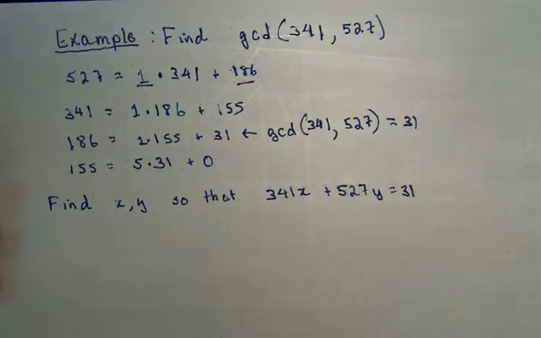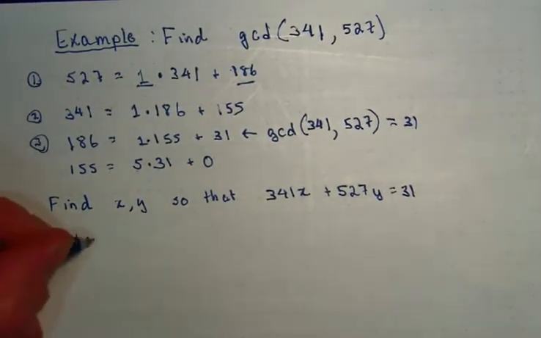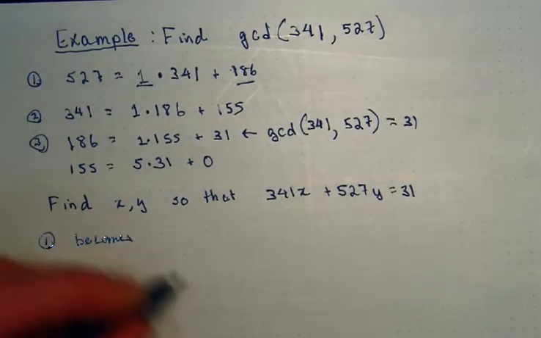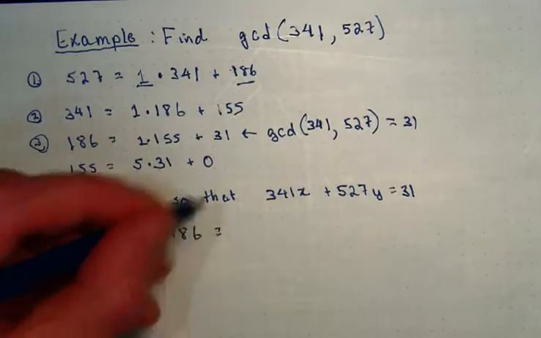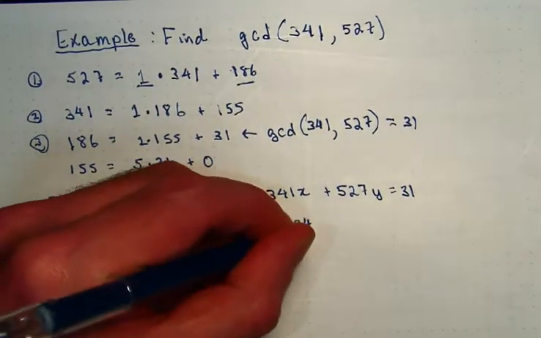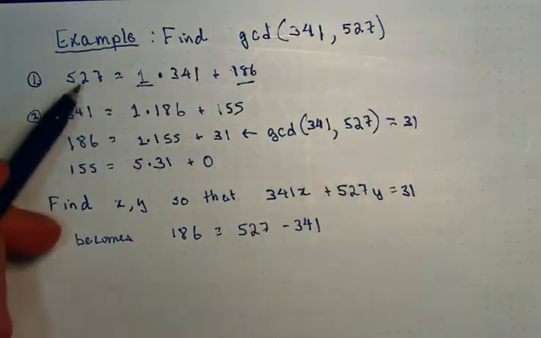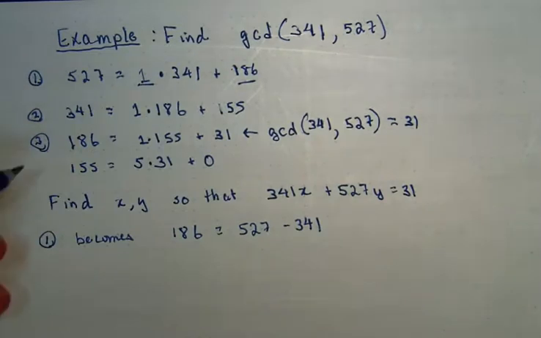So I'll label these equations 1, 2, and 3. By equation 1, 186 equals 527 minus 341. We would subtract this over to the other side.